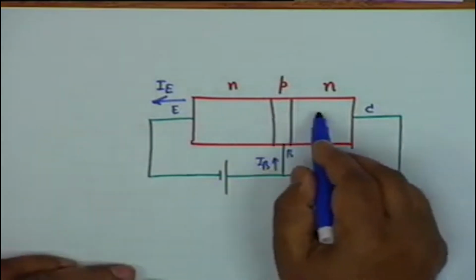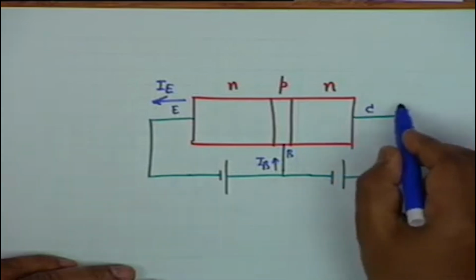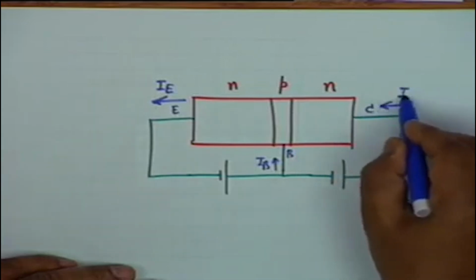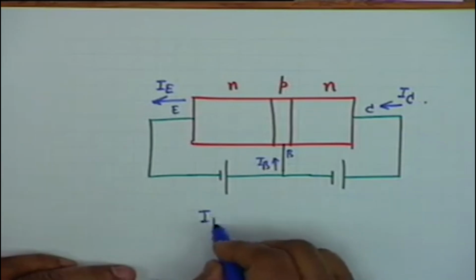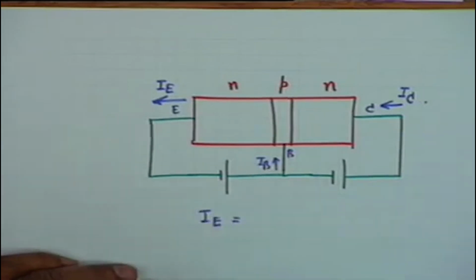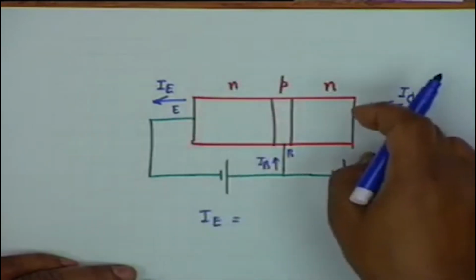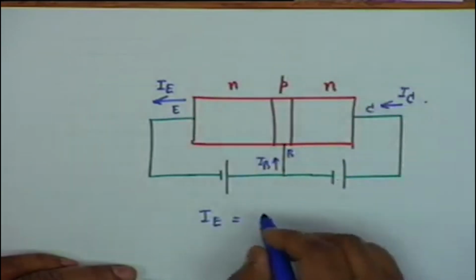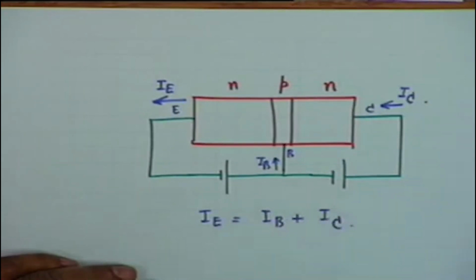And most of these electrons are collected by the collector, which means that a current I sub C enters like this. So the relationship between the currents, by KCL, for this 3-terminal device, the total current entering must be equal to the total current leaving. So I sub E equals I sub C plus I sub B.